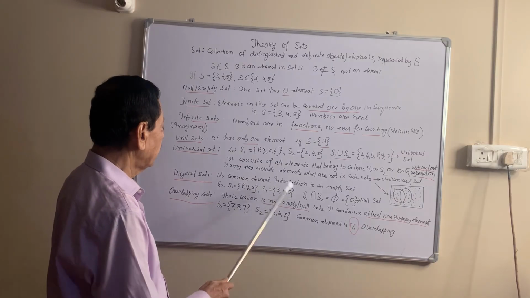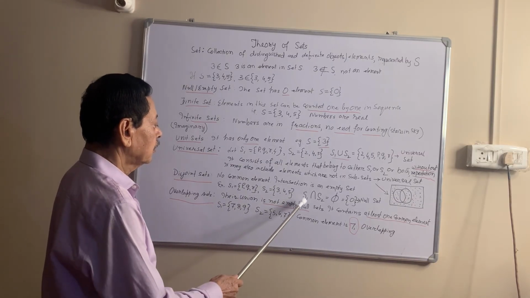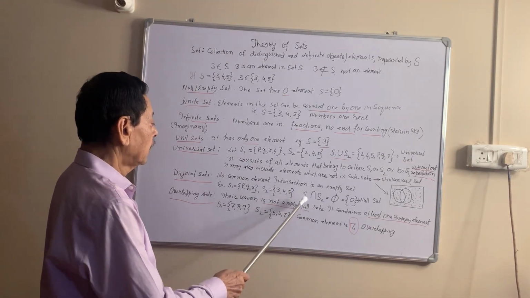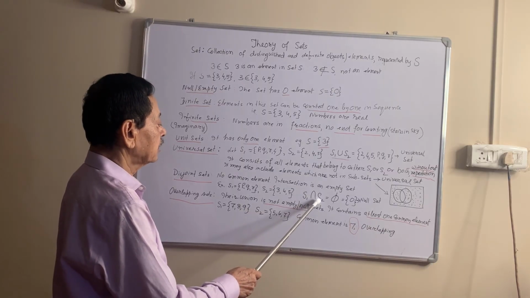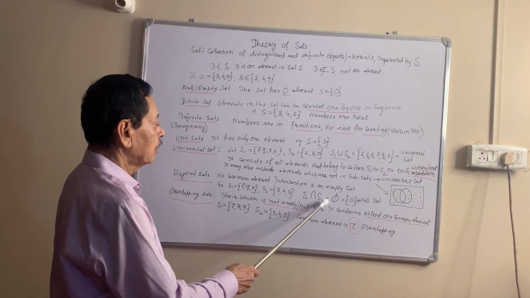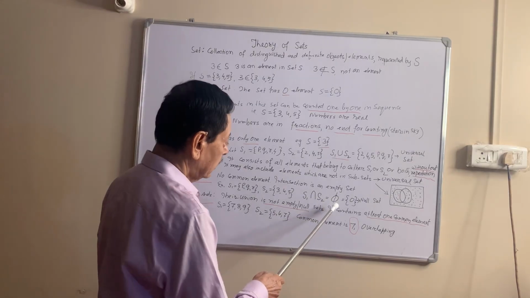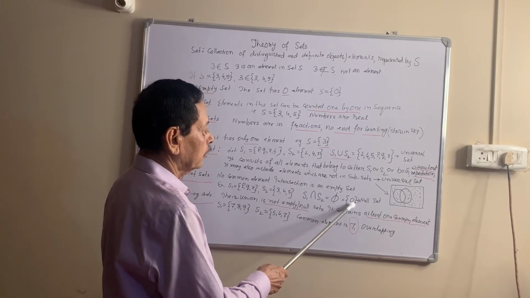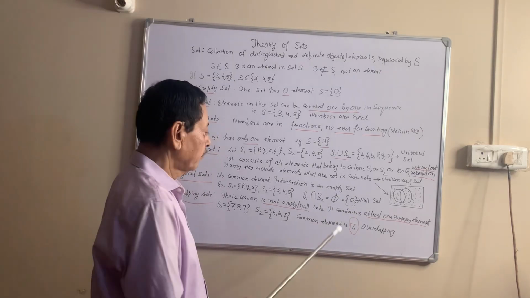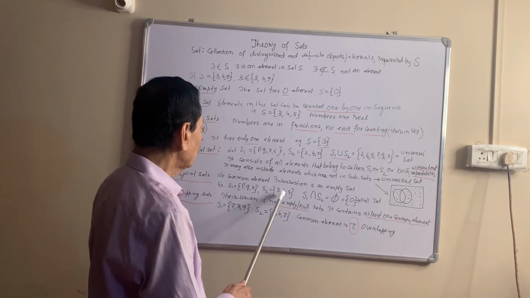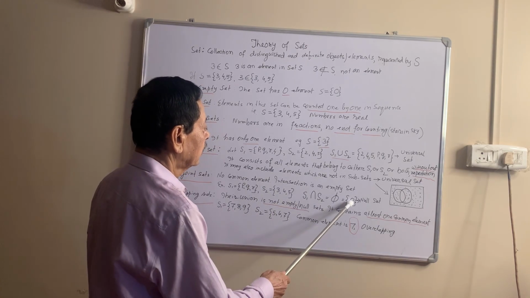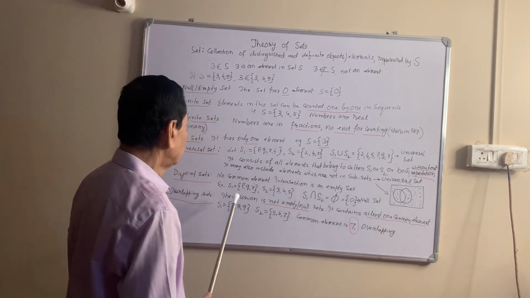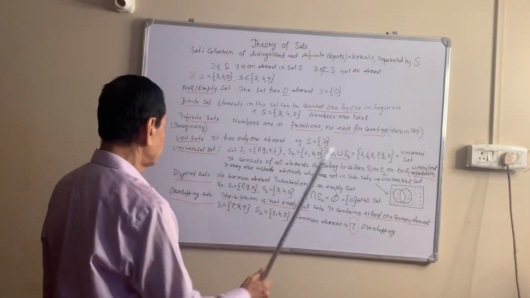In a disjoint set, it is written like this, with the reverse U symbol: S1 ∩ S2 is equal to, generally, phi. So it is equal to 0. This is the null set. Since there are no common elements, we say it is 0. So disjoint sets are null sets.